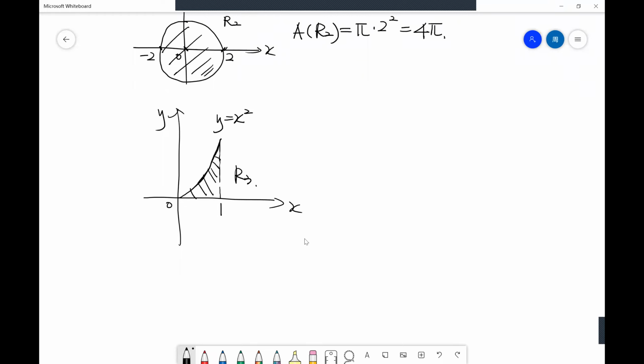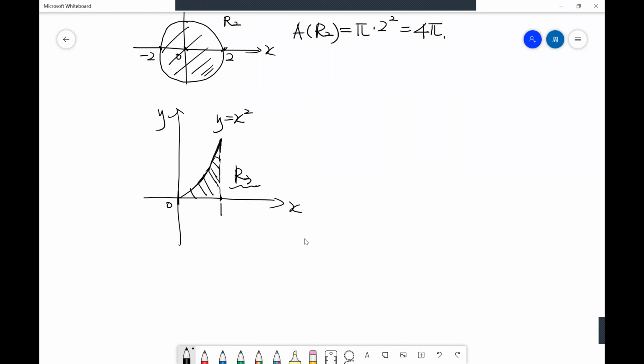I want you guys to calculate the area of region 3 that lies above the x-axis below the curve y equals x squared, and between the vertical lines x equals 0 and x equals 1, right? I think it is not easy, right? Because we don't have a formula. We cannot use the formula to calculate directly. So here, the definite integral emerged.